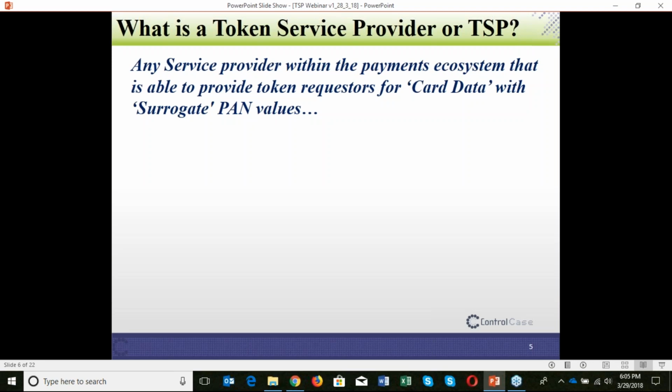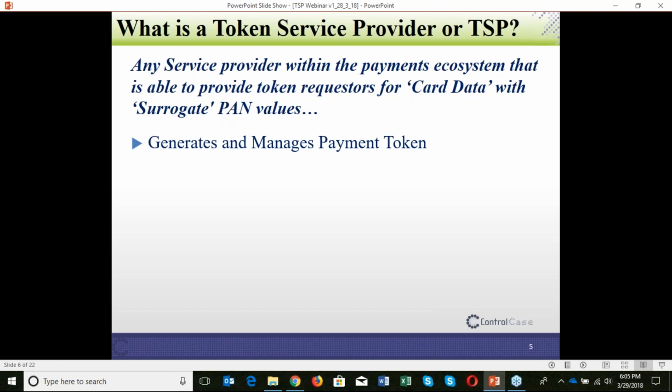So what is a token service provider? We are talking about tokens. We know it works within the environment. They are the providers which replace the card data with the surrogate value, and mainly the surrogate values are called the payment tokens. So they create and manage the payment token.